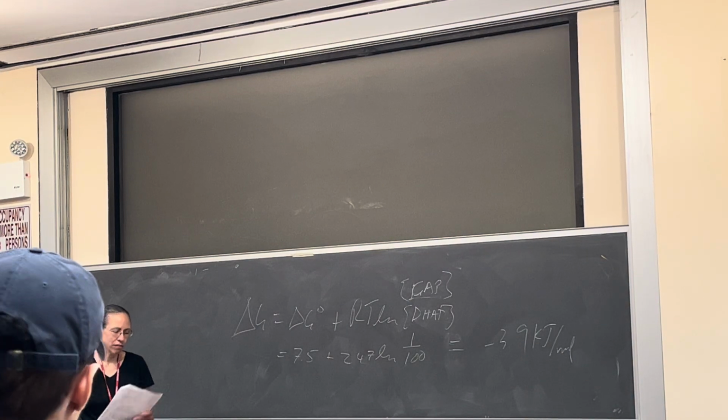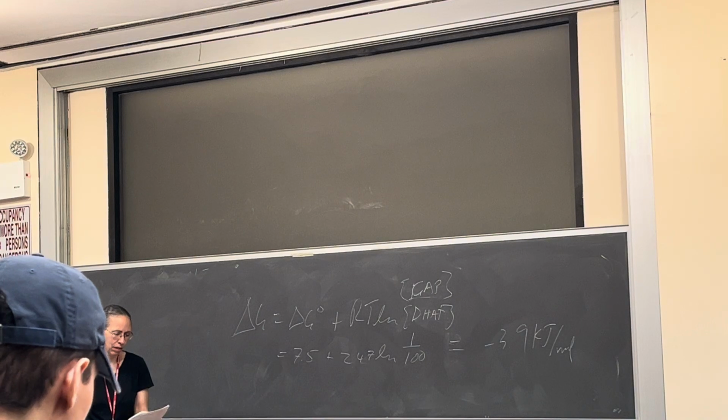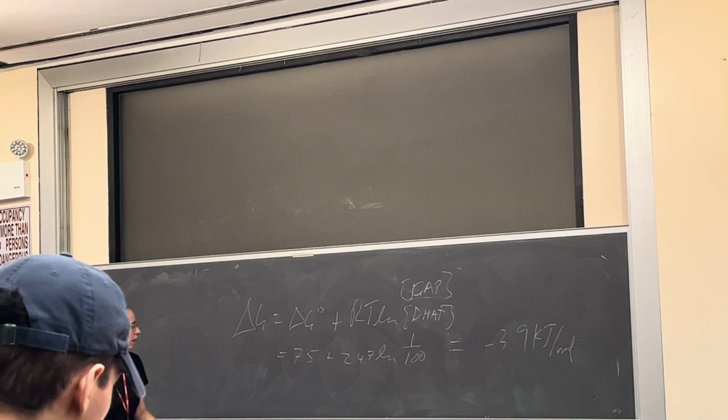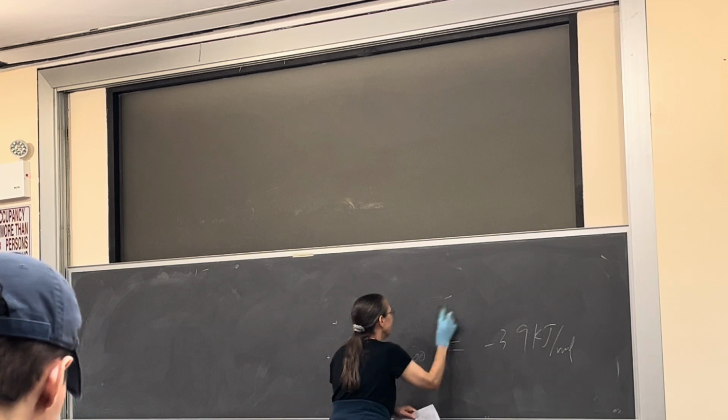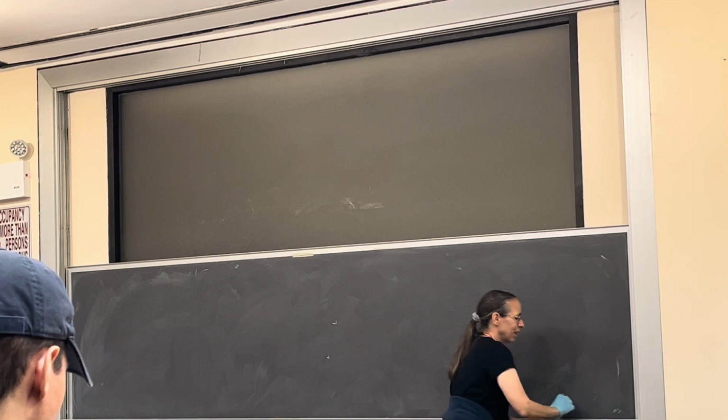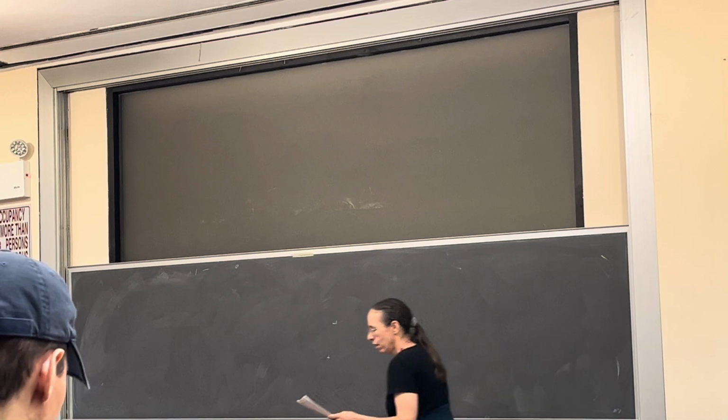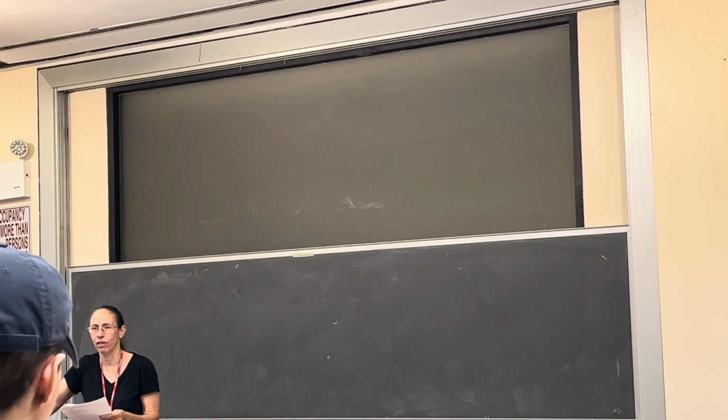13 and 14, any questions about those? Most correct answer, P50 is equal to the value of the partial pressure of oxygen when half of the myoglobin is bound to oxygen. That's just the definition.